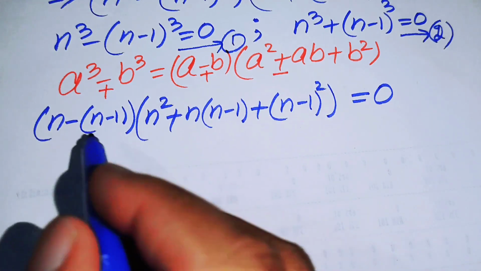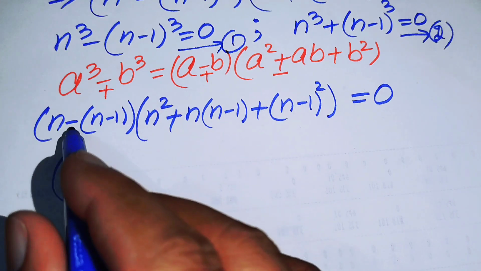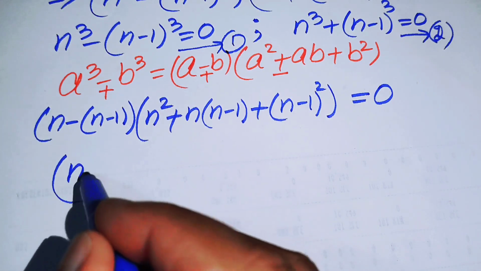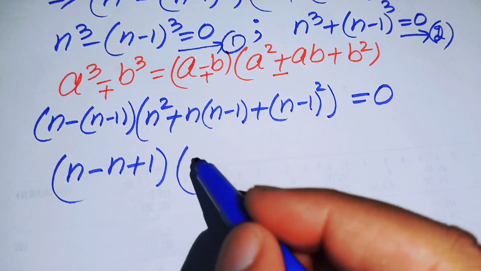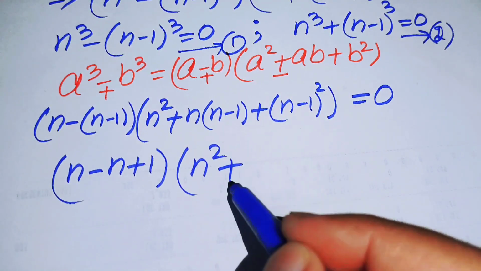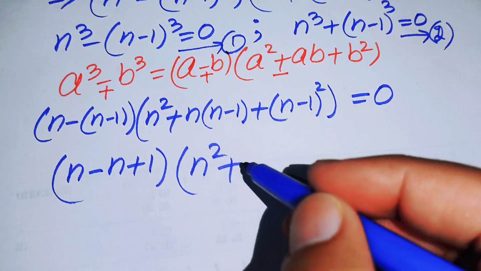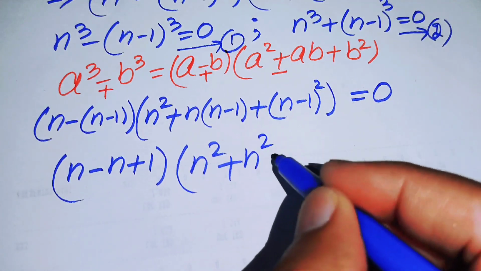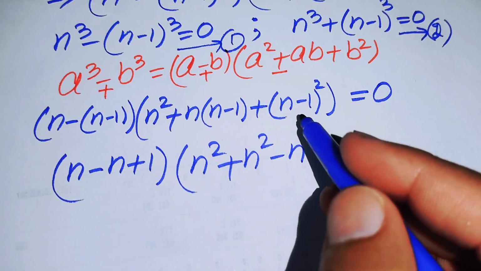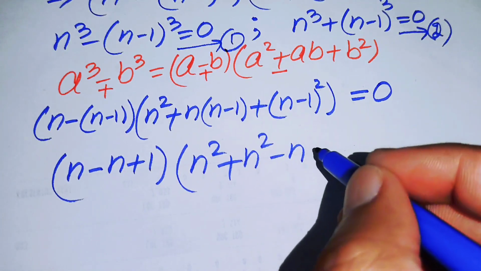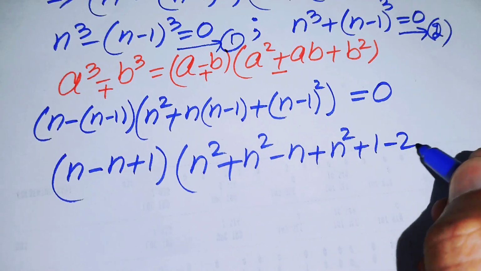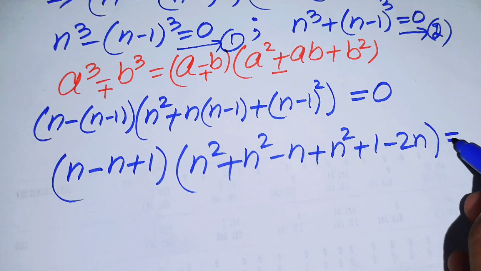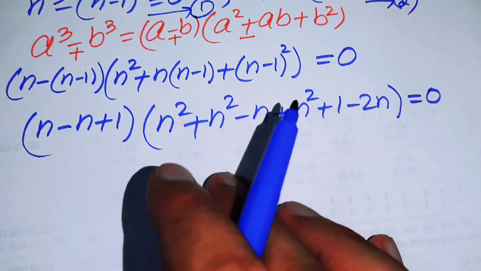In this case we can multiply the minus on both of the terms, and you get (n minus n plus 1) times (n squared plus, multiplying this n on both terms, n squared minus n, and we can open the square of this term and get n squared plus 1 minus 2n), and this whole term is equal to 0.